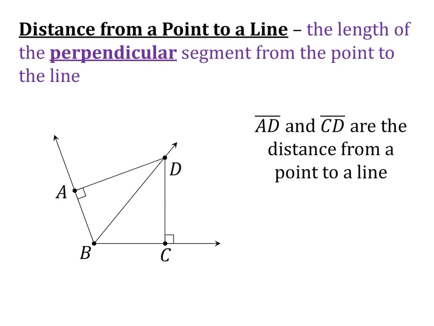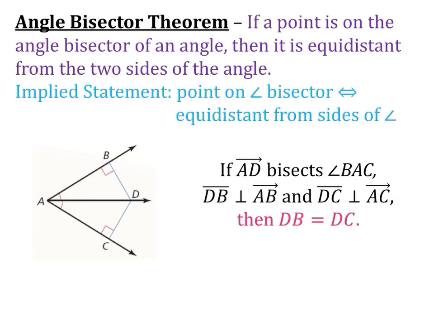Super important, perpendicular segments. Now let's take a look at the angle bisector theorem. It states that if a point is on the angle bisector of an angle, then it is equidistant from the two sides of the angle. Shortened down: point on an angle bisector if and only if equidistant from sides of angle.